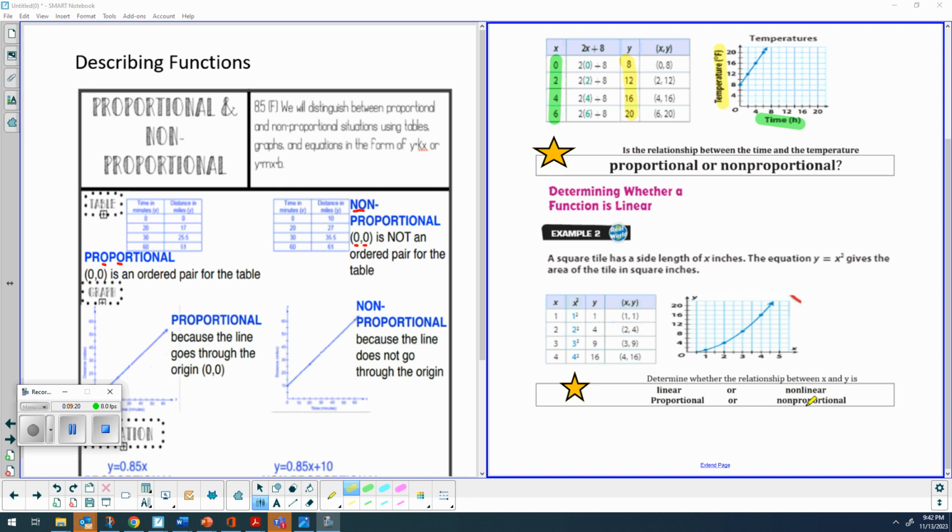Now, most times, if you determine that a relationship is linear, then you determine if it's proportional or non-proportional. With that being said, we could look at the equation form and compare. Let's flip your paper back to the linear, nonlinear side.